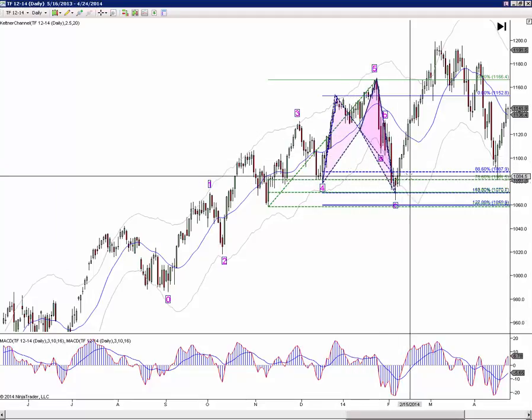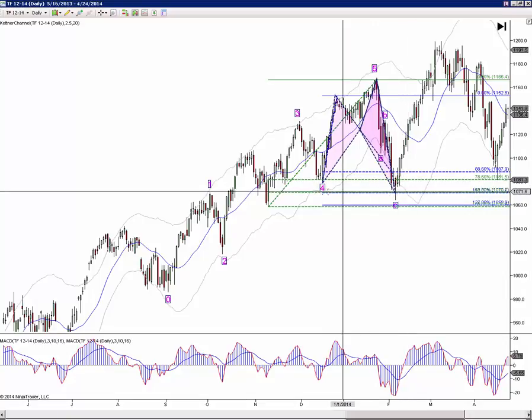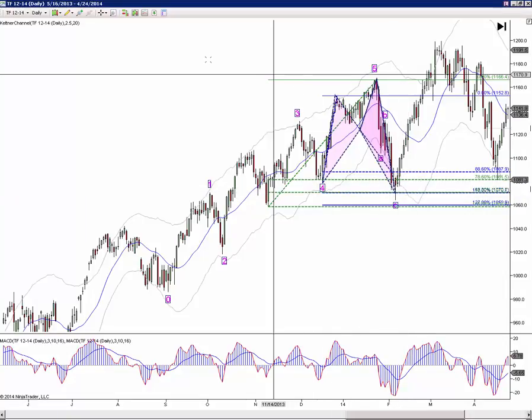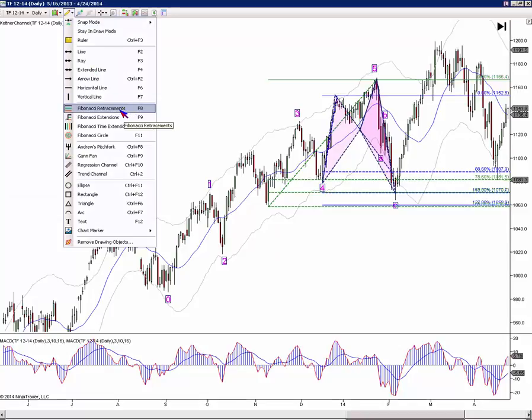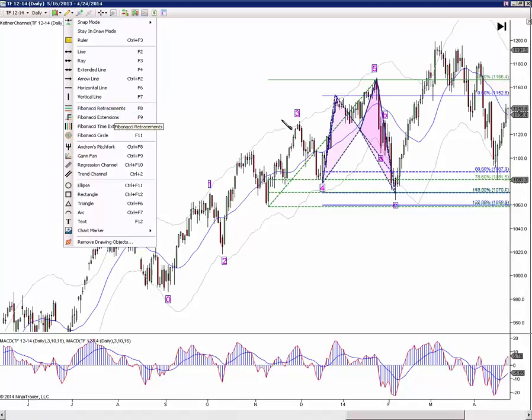So a couple of things come into play. The market has some commonality here. Now we're going to start doing these retracements.